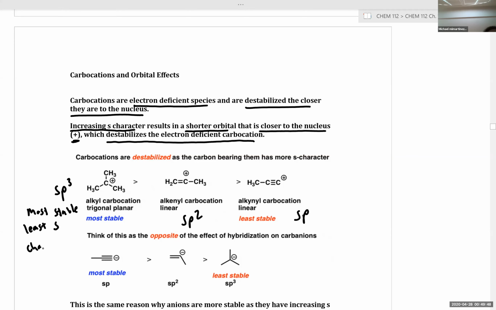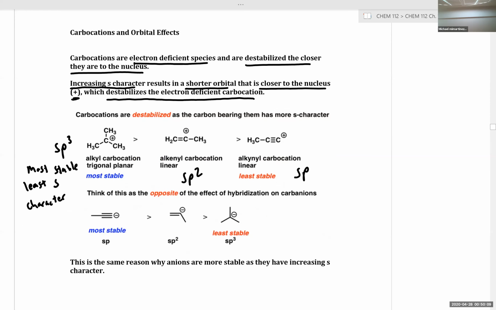The farther away your orbitals are from the nucleus, the more P character your orbital has, the more stable your carbocation. The more S character you have, the less stable your carbocation is. This is the exact opposite effect observed for anions.